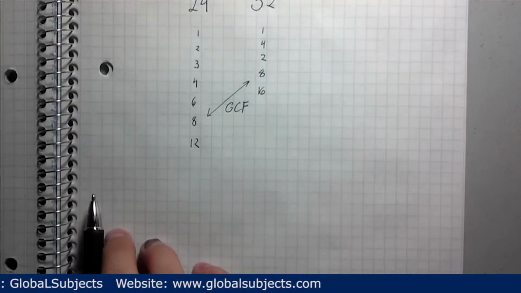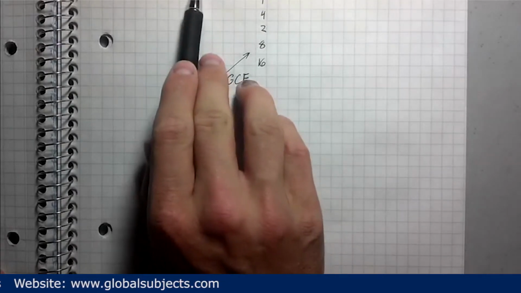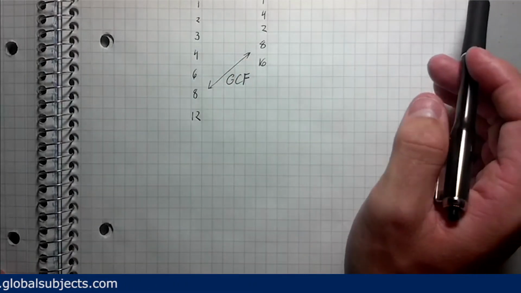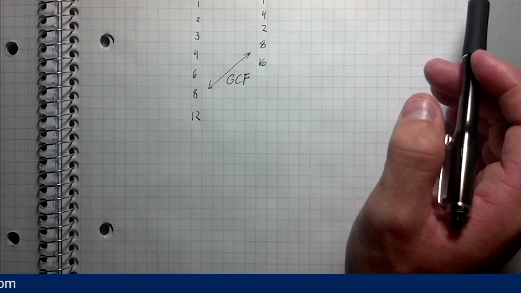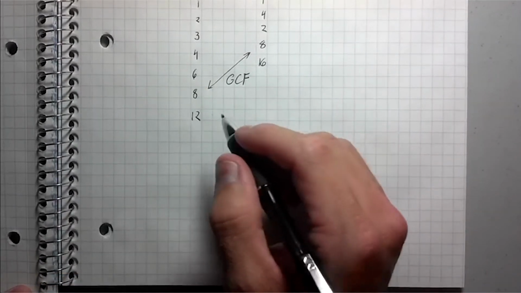There's another thing here too, though, that I think is worth pointing out. The greatest common factor, it's easy to see it in terms of these integers, right? But what about if you have an algebraic expression? Now, I know some of you watching this video haven't taken algebra or anything, but if you have, this is what it means.